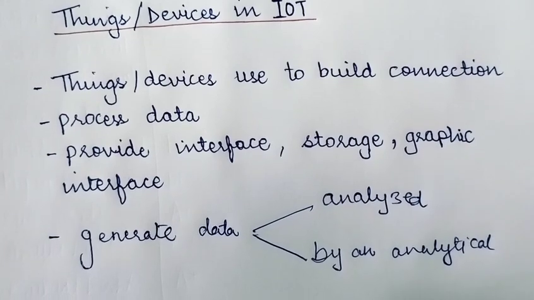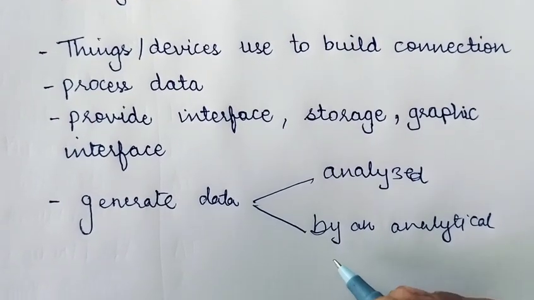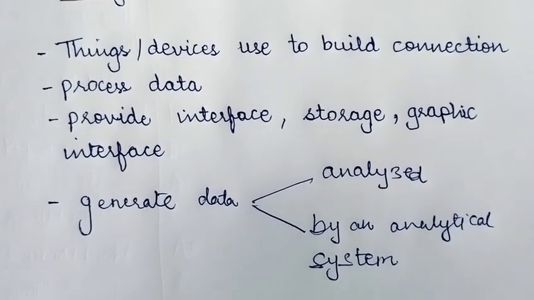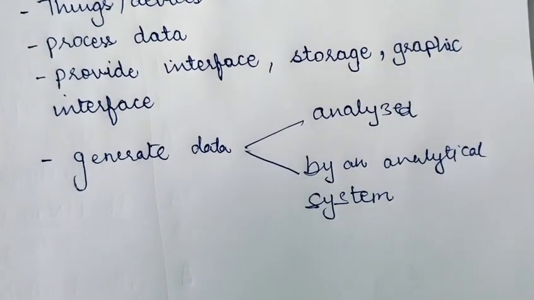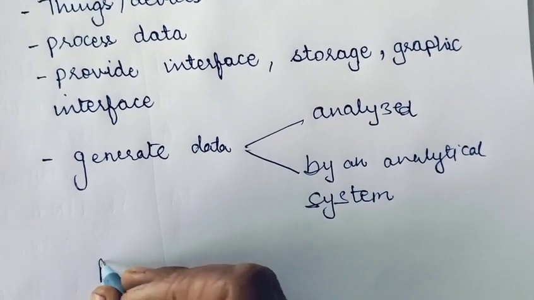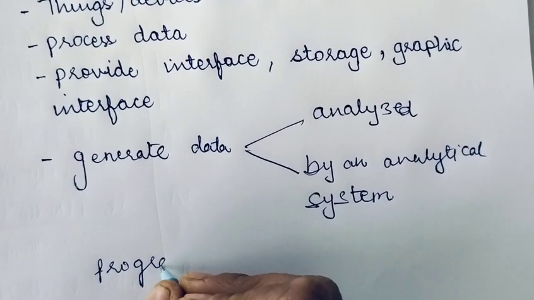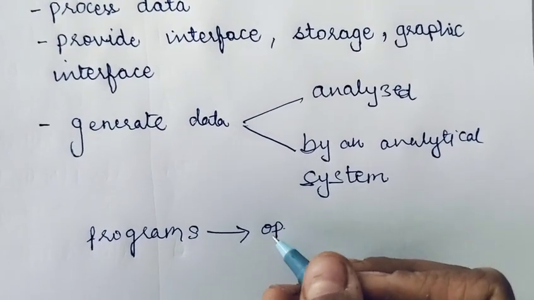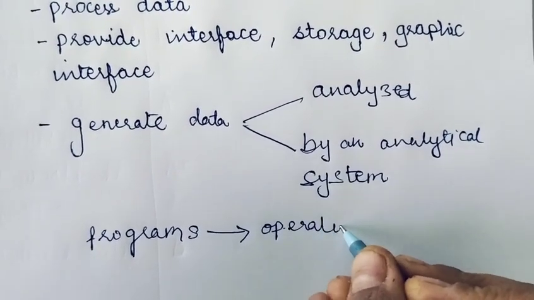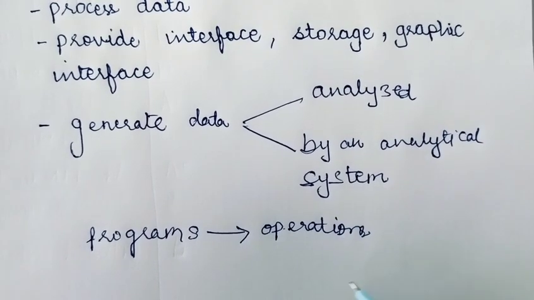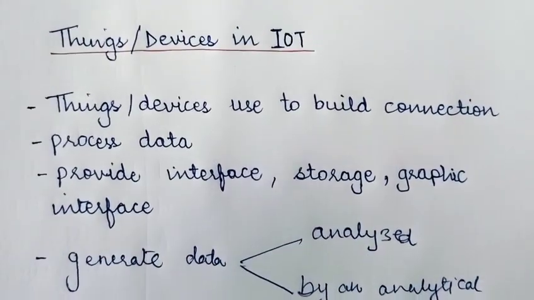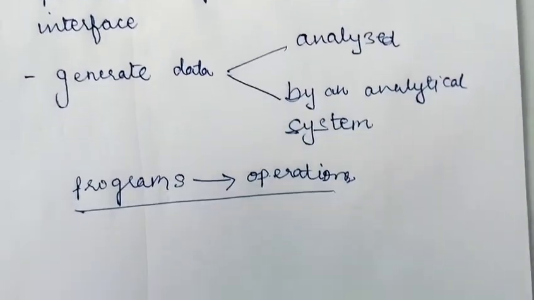So all these things are required to generate data in such a manner that this data can be analyzed by an analytical system, and we need to have programs to perform operations. These programs should be able to perform operations and then be used to improve the system. So that is the sole purpose for having things or devices in an IoT.